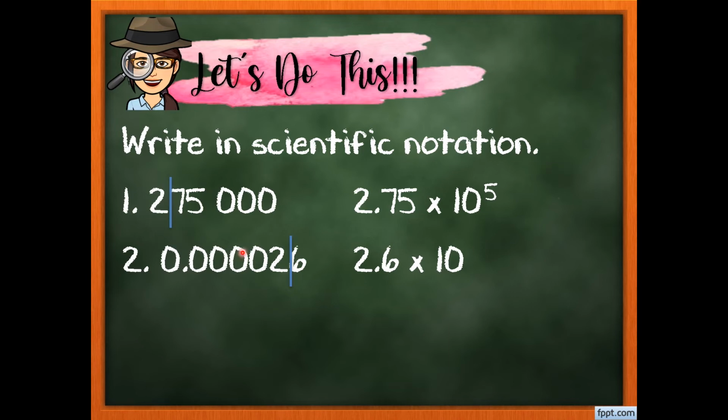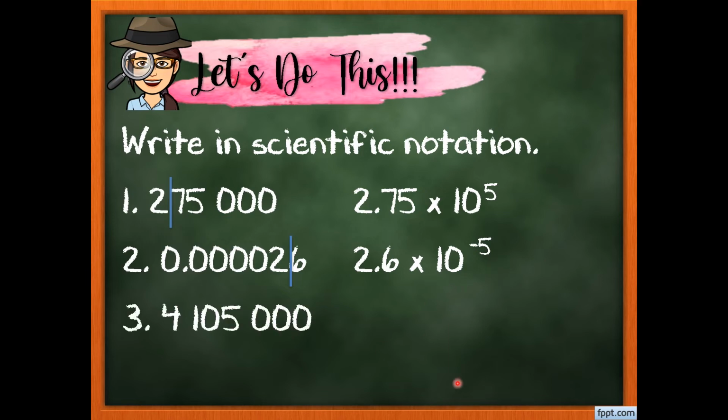Hindi pwedeng 26, hindi pwedeng sumobra sa 10. Dapat 2.6 lang. Then, let us count the number of places we move the decimal point. 1, 2, 3, 4, 5. 5 places. Since it is less than 1 or in decimal form, this is equal to a negative 5. So the answer is 2.6 times 10 to the negative 5.